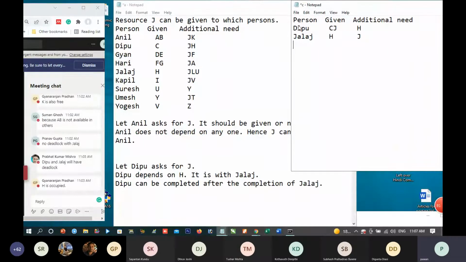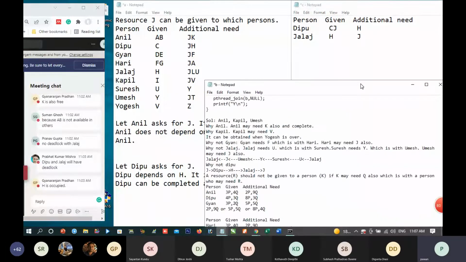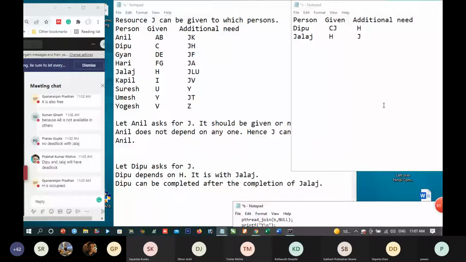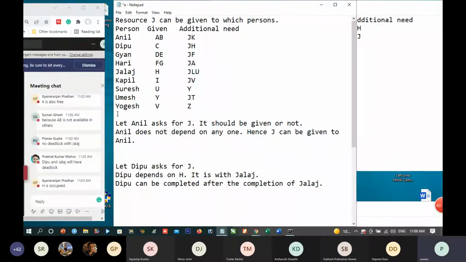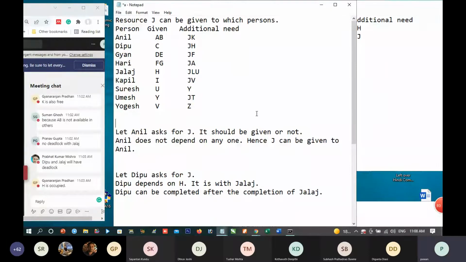J is occupied, but even when occupied, there may not be any problem. Is it correct? Why? Okay, even with occupied, it cannot be a problem. We shall see to it.